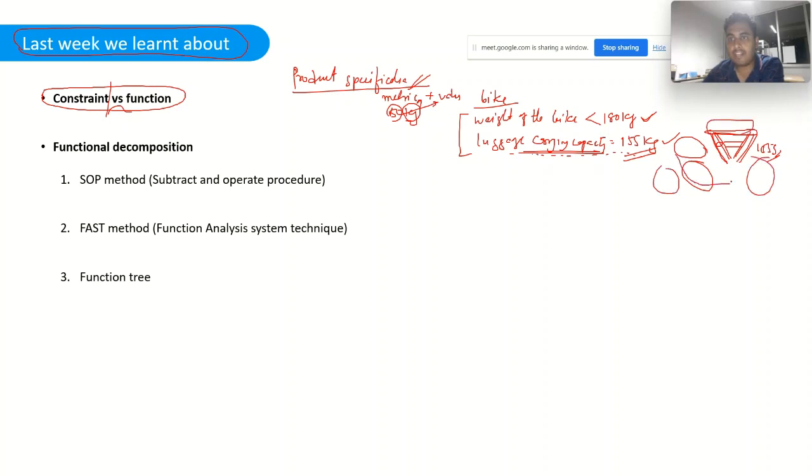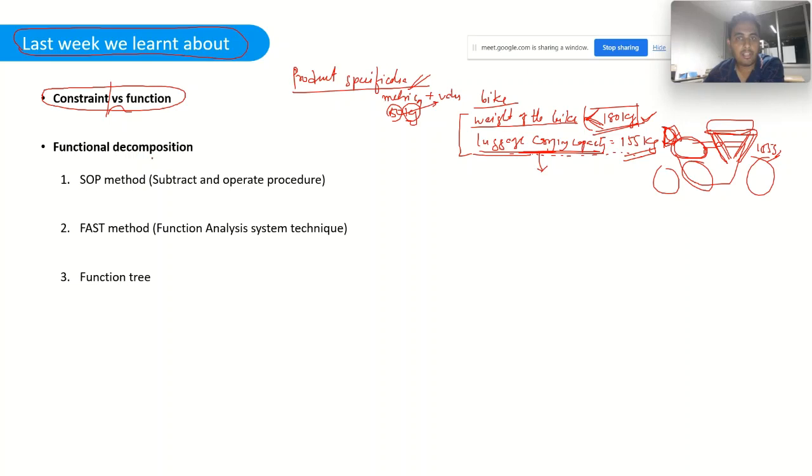Only at the end can we think about what the weight of the bike is going to be. So we don't have direct control on the weight, but it's a number that we get after deciding various components and parts of the design. So we kept that as a constraint because we cannot go straight to deciding on that specification. We cannot design upon that, but we can design upon luggage carrying capacity, so we consider it a function.